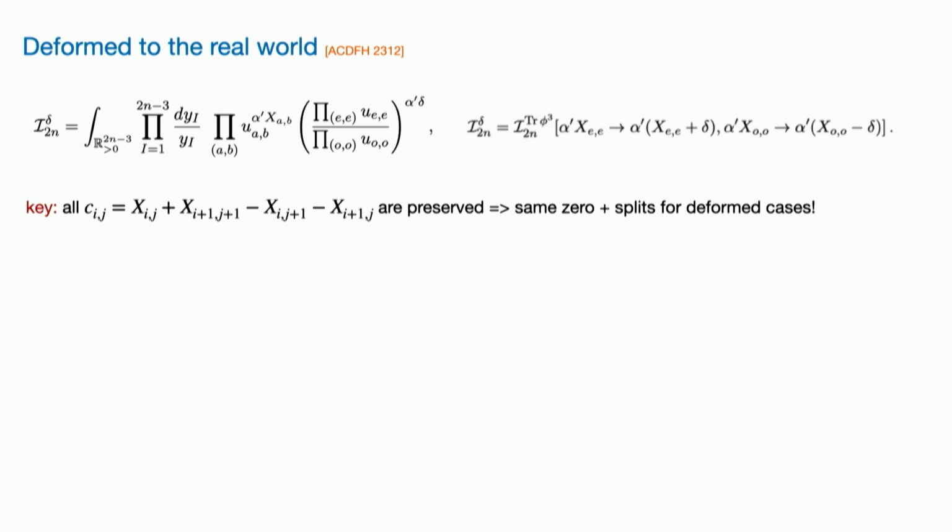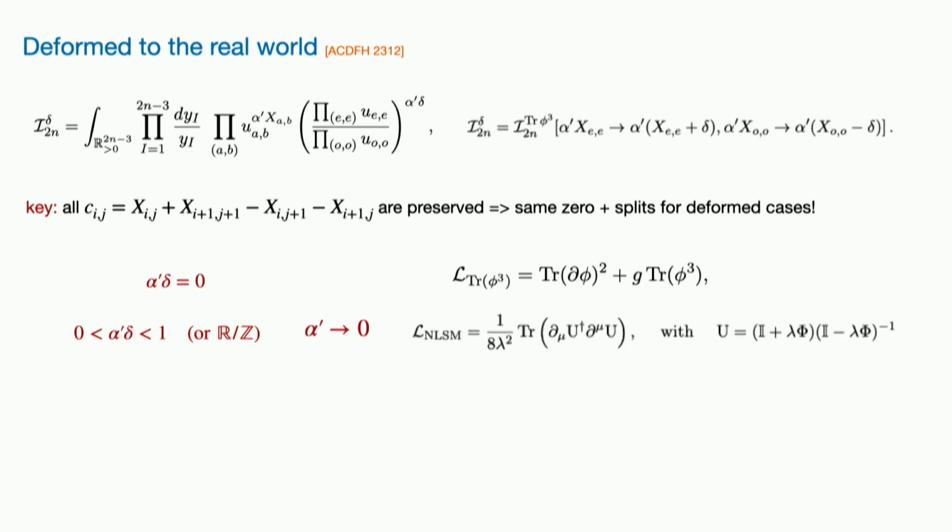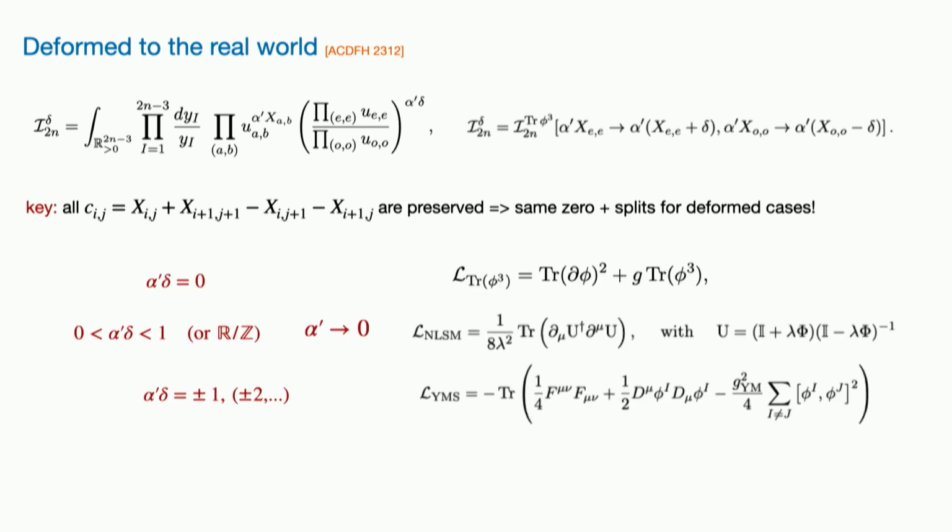Historically, this is actually the opposite way we found it. We found there are at least 3 theories sharing the same zeros and factorization, so we wondered what's the mechanism responsible for it. It turns out that they all come from the same string integral with different kinematic shifts, which keep the C_ij intact. So I told you delta equals 0, no shift, this is phi cube.